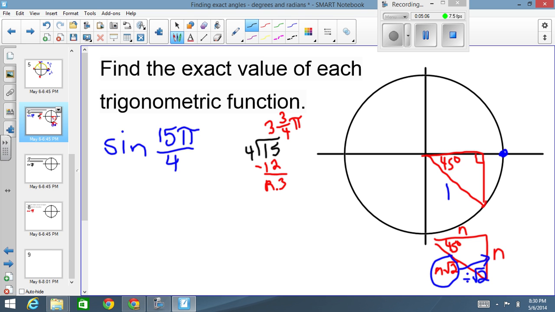So if I do that, 1 divided by radical 2. Now, as badly as I just want to put that here, I can't put that there yet because that's not simplified. I can't have a radical in the denominator. So I'm going to go ahead and multiply by radical 2 over radical 2.